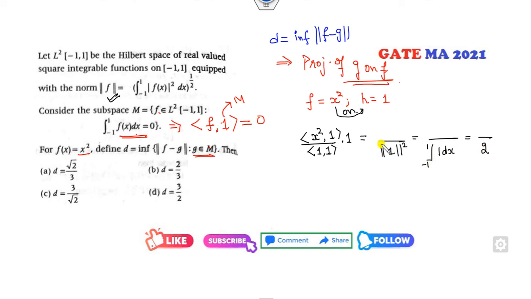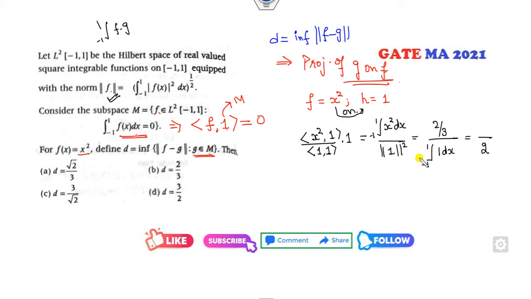Now what is the numerator part? It is the integration from minus 1 to 1 of f into g, so it will be my x square. The integration of this, an even function, is 2 over 3.